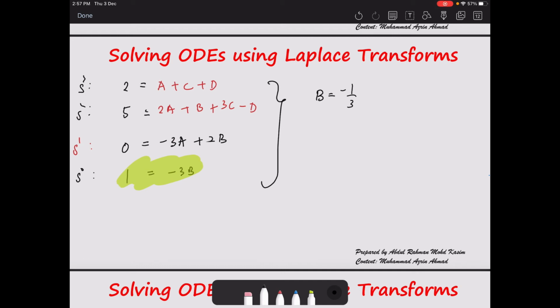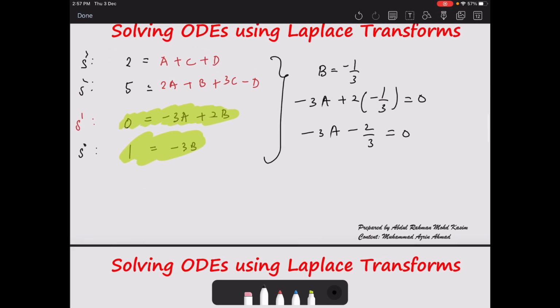Because for A, you can use this equation to find it. So you can replace B: negative 3A plus 2B, with B negative 1 over 3, is equal to 0. So you will have negative 3A minus 2 over 3 equal to 0.